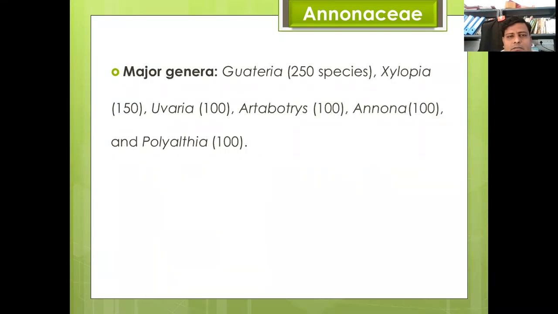Major genera of this family are Guatteria with 250 species, Xylopia 120 species, Uvaria 100 species, Artabotrys 100, Annona 100 species, and Polyalthia 100 species.